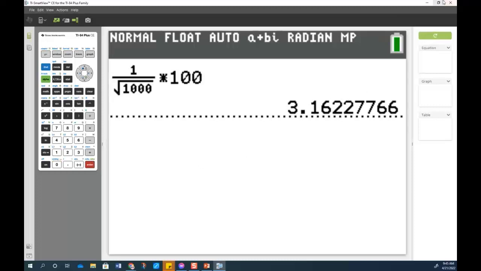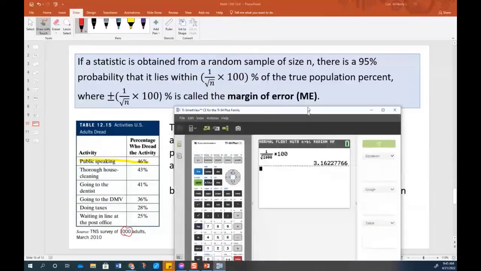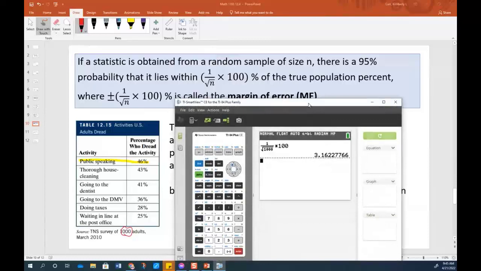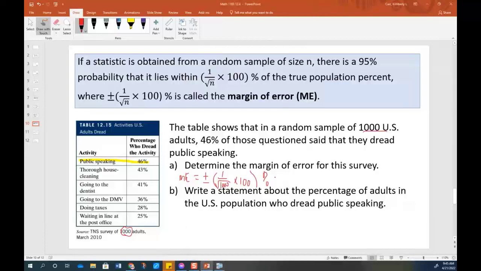So that is approximately 3.16%. It didn't tell me exactly how far I needed to go, so I'm going to say 3.2%. So this one is approximately plus or minus 3.2%. So that's our margin of error.